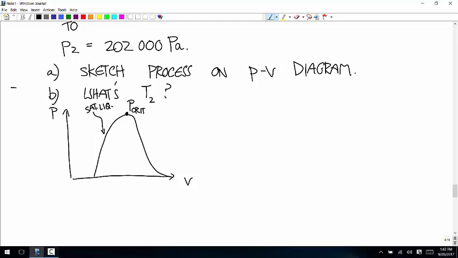This is all liquid before it gets that saturation. Okay, so this is liquid. Inside the vapor dome, what is it? Mix, yep. And then on the other side is vapor.